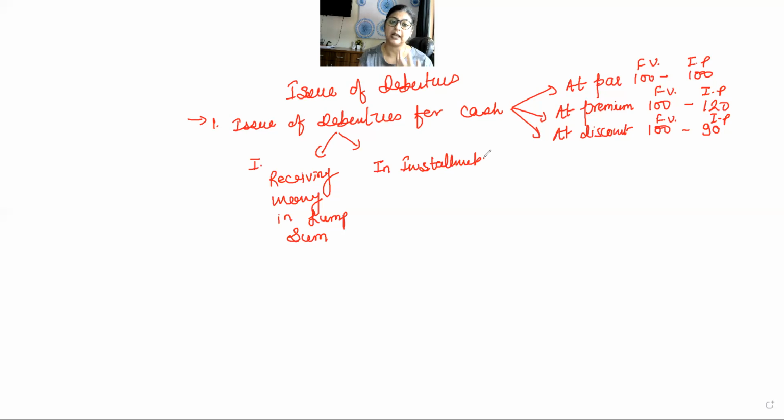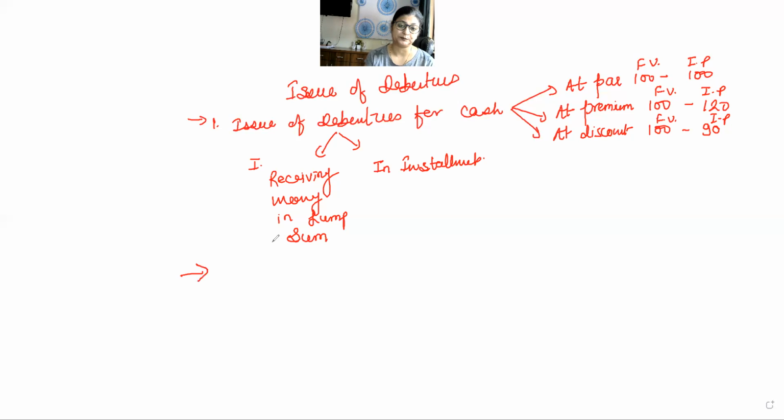So when you get the entire amount along with application, that is called issue at lump sum. Means you are not asking the debenture holder to pay in various installments. You are asking all the money at the time of application itself. That is called issue of debentures in lump sum. When you are asking the debenture holders in parts, like you're asking at the time of application rupees 20, at the time of allotment rupees 30, and so on various calls, this will be called in installments. Each one of these we will be studying in detail in the coming lectures.